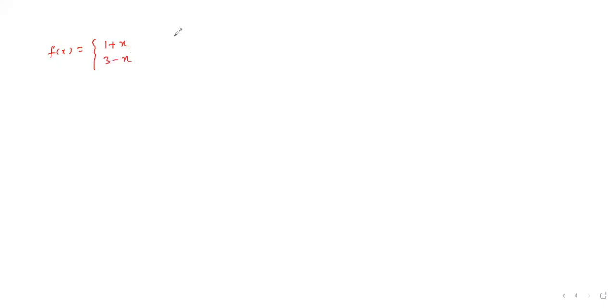3 minus x. It's been given. It is true for x greater than or equal to 0 and less than or equal to 2. And this is for x greater than 2, less than or equal to 3. He's asking to find f of f(x).